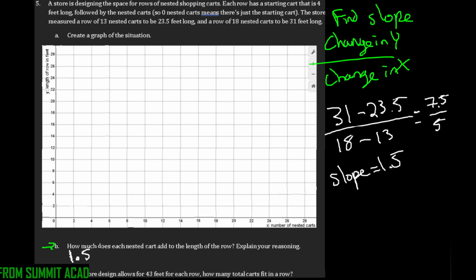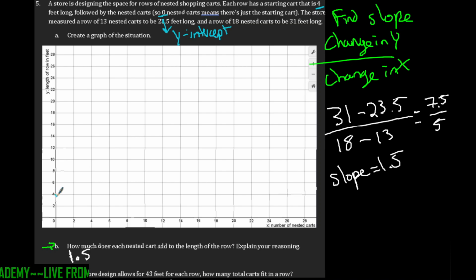Then it says I need to be able to graph it like this. So I'm going to say if it has (0, 4), I need to plot that as that's going to be my y-intercept.